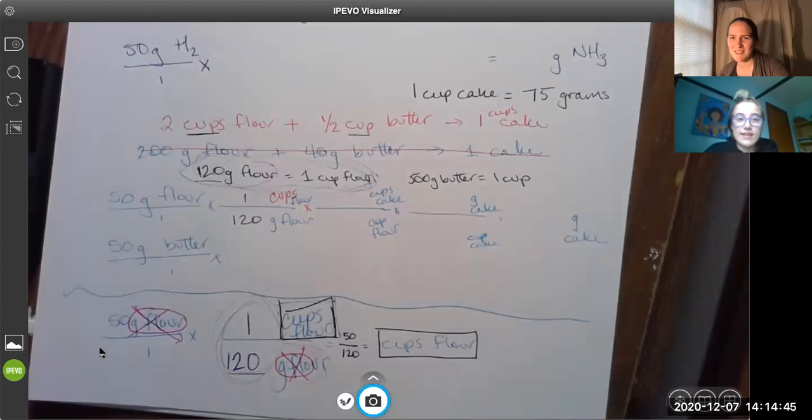So in the next part, is it cups, 2 cups? Exactly. Okay. So then would we need to know how many cups of flour, like the equation from the previous?